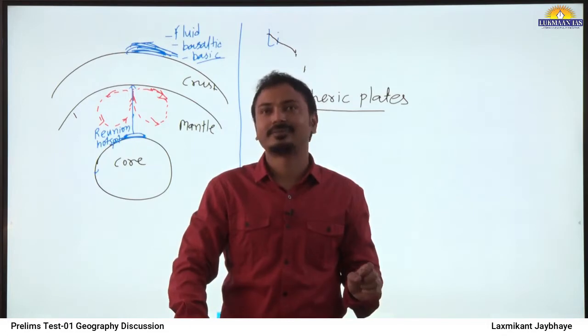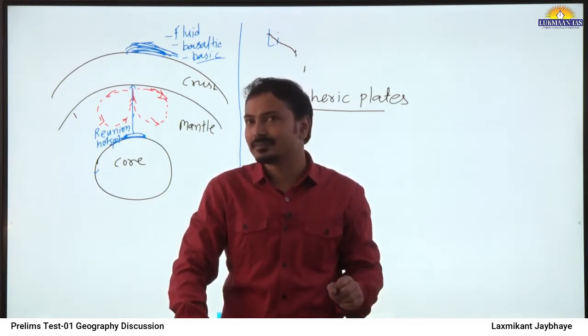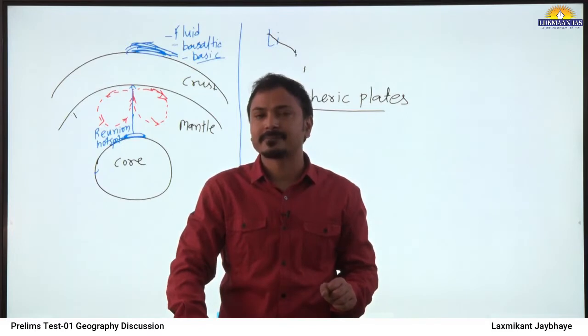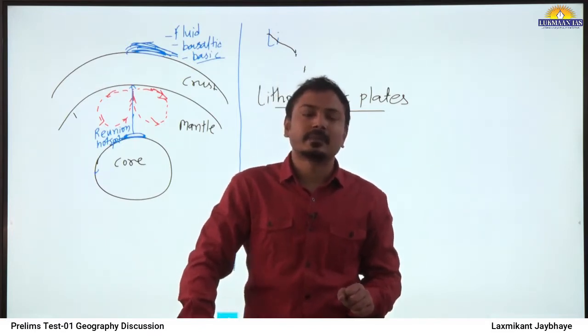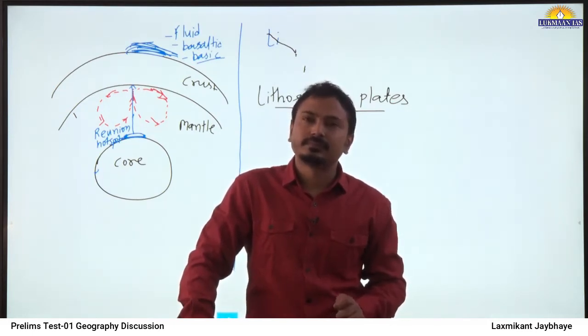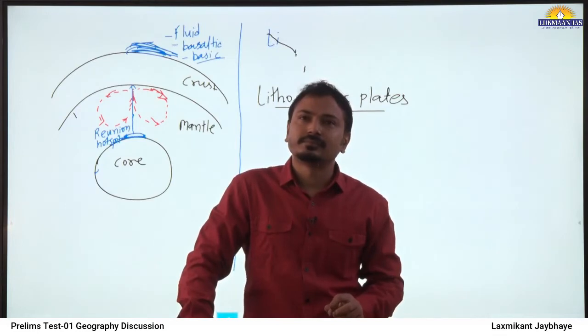Yes, sir. Can you please explain this South American plate? I have read that the western margin of the South American plate has continental crust on the eastern side and oceanic crust on the western side, and I was confused.